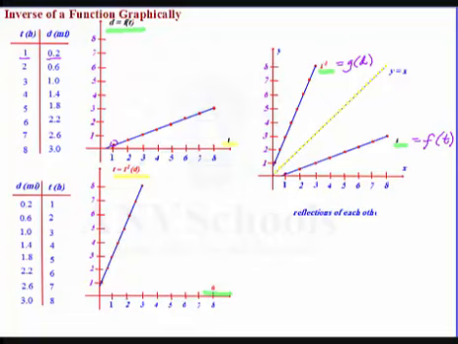Notice also that the domain for our f of t is from here to 8, and the range is from 0 to 3. In this case, our g of d has a domain from 0 to 3, but a range of 0 to 8. So they are reflections of each other.